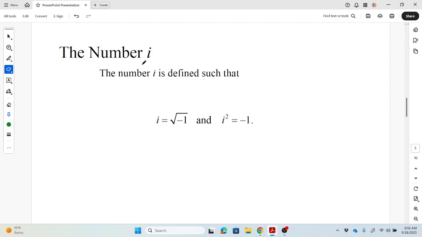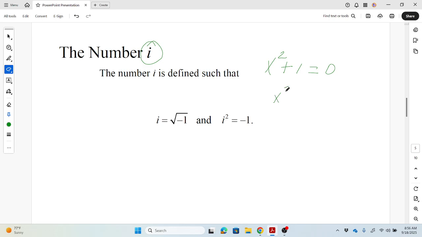Okay, so let's introduce a notation here. i stands for imaginary. So what is i? How do we define i? i is equal to square root of negative 1. What does that mean? If you square both sides, it will give you i squared equal negative 1. So if you remember the problem I was talking about, x squared plus 1 equals 0. For what value of x does this become 0?